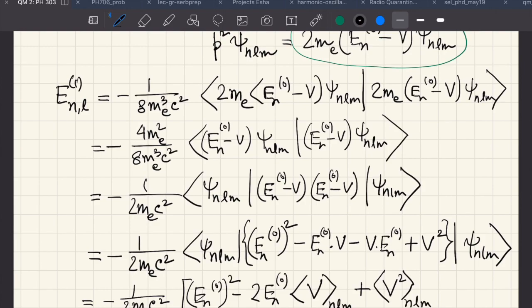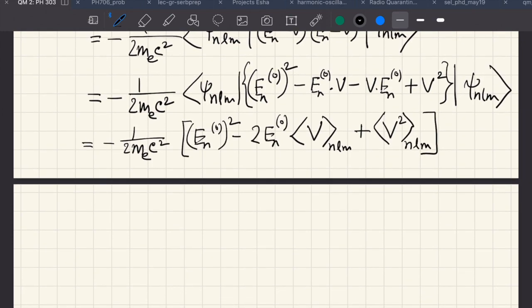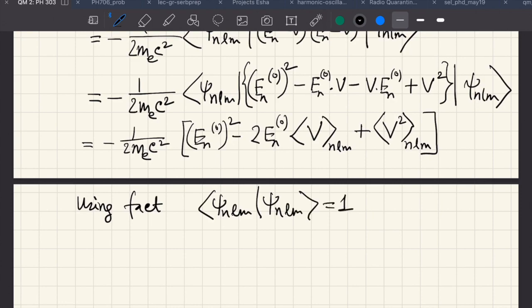Here we have used the fact that psi NLMs are orthonormal, so this is equal to 1.